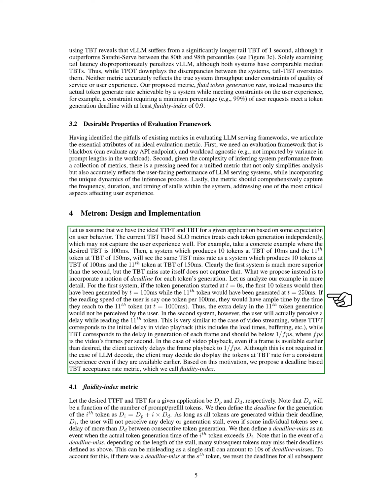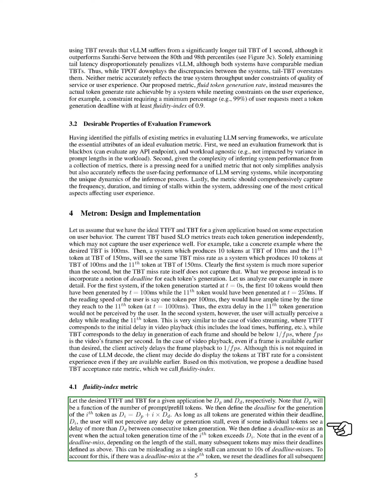To address this, we suggest introducing a deadline for each token's generation to better reflect user experience. In our proposed approach, we define a deadline for generating each token based on the desired TTFT and TBT. As long as all tokens are generated within their deadlines, users will not experience delays or stalls, even if some tokens are generated with delays exceeding the TBT.